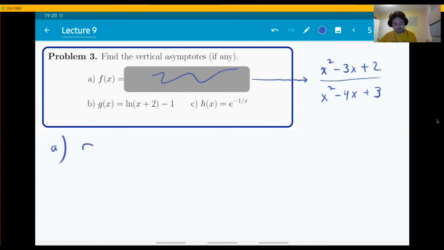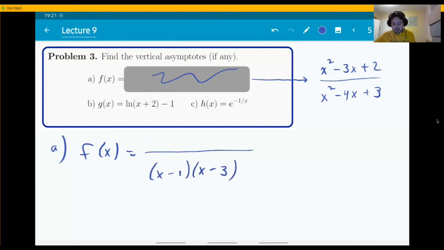For example, looking at this f of x, looking at the denominator here, what are the places where it could be a 0? Having a 0 in the denominator is the only way in which you can have an infinite limit, right? So if you factor this denominator, you can see that this is x minus 1, x minus 3.